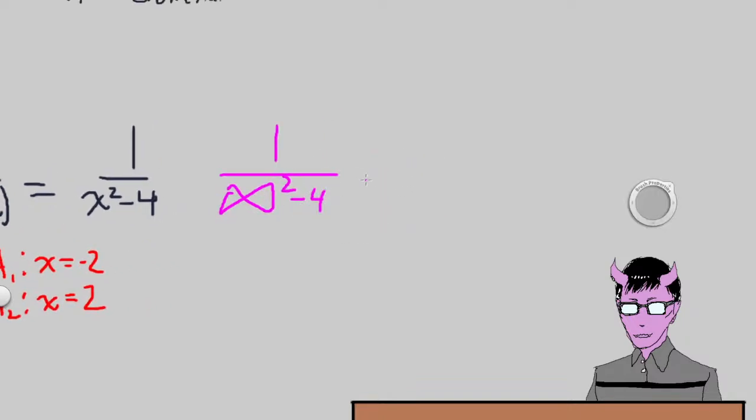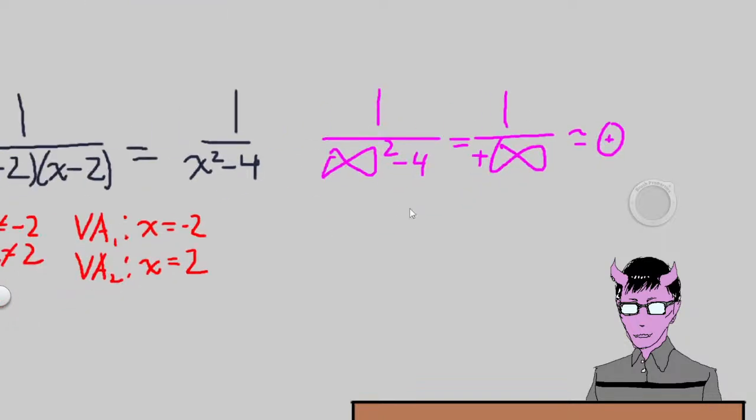So here's the idea. Huge number squared is still huge. Ridiculously huge number minus 4 is still ridiculously huge. So 1 divided by ridiculously huge is approximately 0 still. So nothing new there. But make note, everything on the bottom is positive, so this is a positive huge number. So we get a positive number that's almost 0.